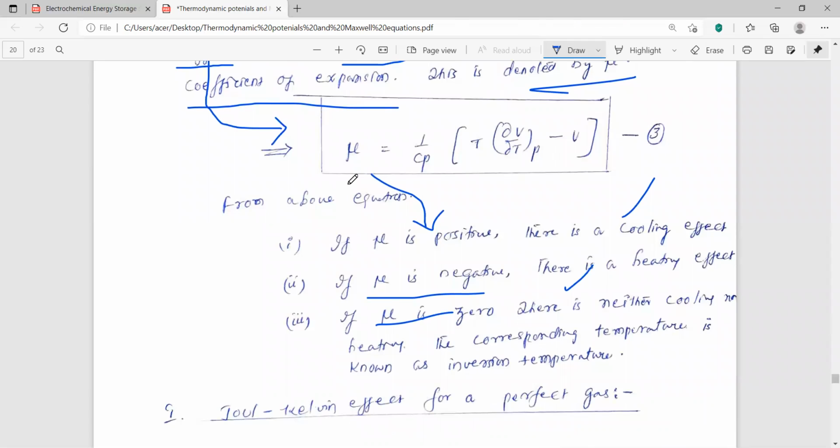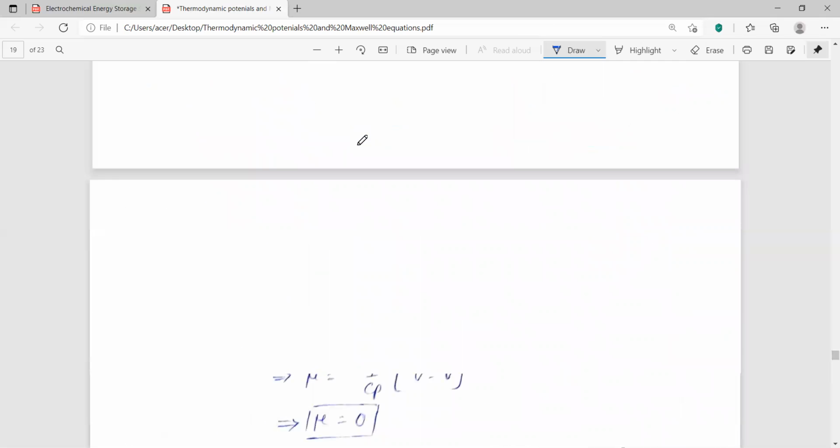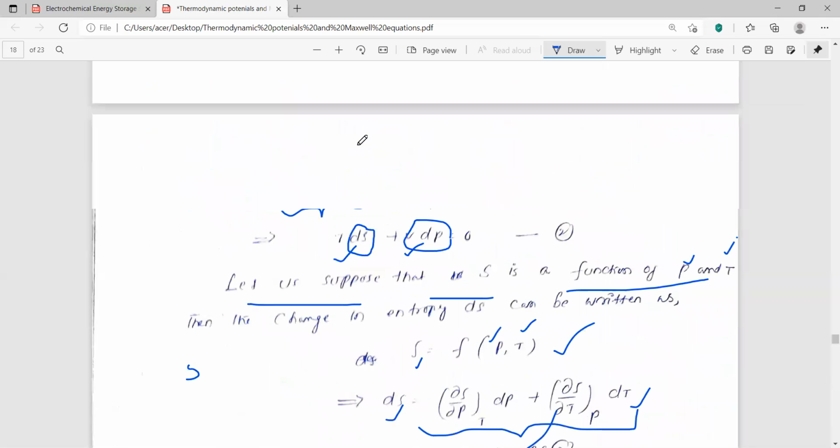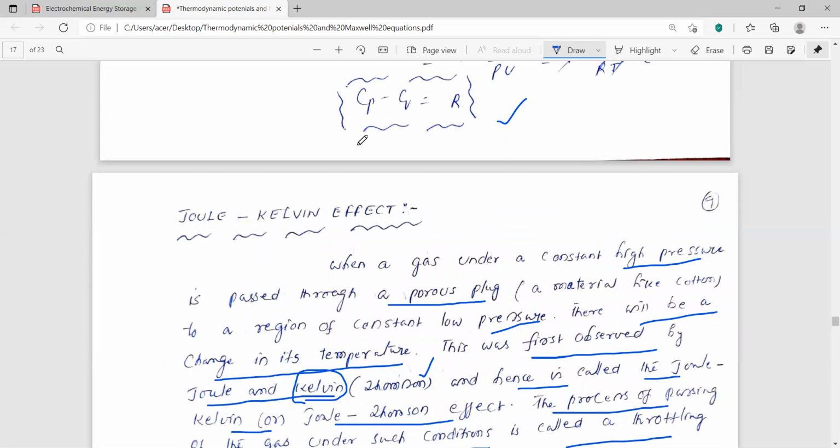So this is what is about Joule Thomson effect, and this is called Joule Kelvin coefficient of expansion.